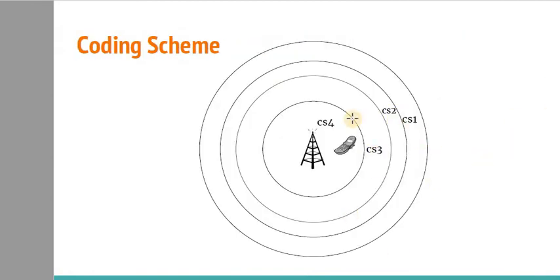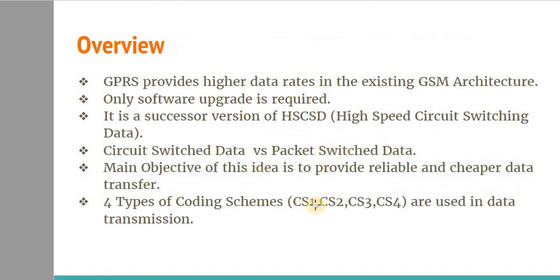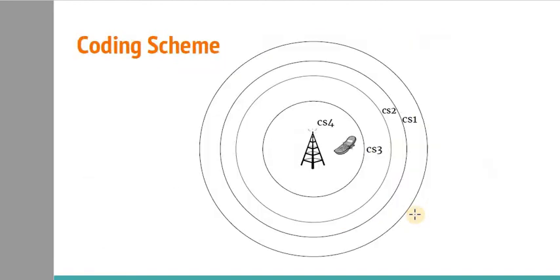This is the coding scheme, in which you can see there is a tower and this is your mobile equipment. As I told you, we have to use 4 coding schemes, CS1, CS2, CS3 and CS4, and it is assumed that the last coding scheme CS4 carries the highest data rate.